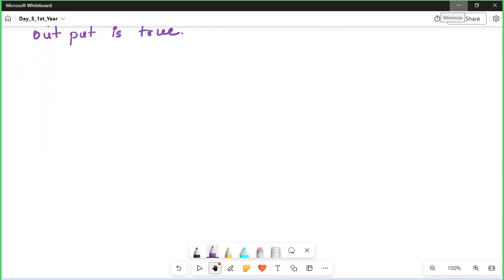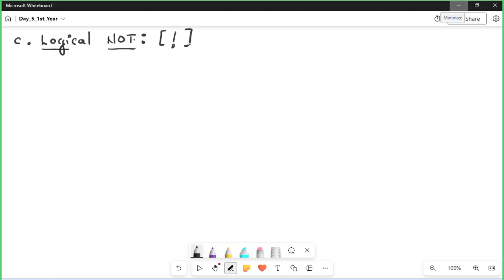Okay. Now I'm going for logical NOT. Third one is logical NOT. It is represented by the symbol NOT.